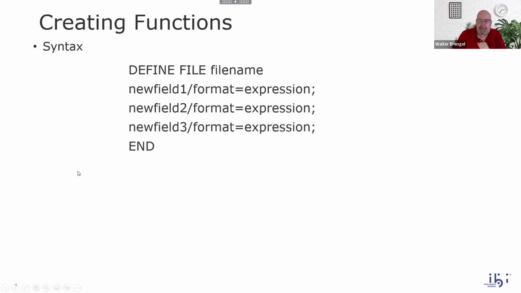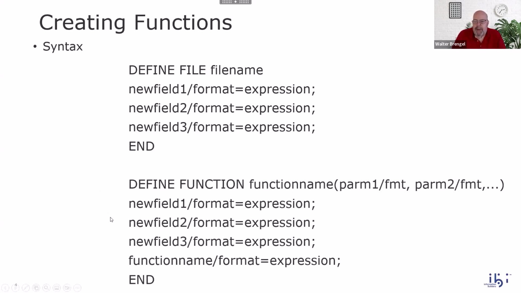So the syntax for define is define file name. You have your new field format equals expression, and then you can have as many expressions as you need to get your final calculation. For define function, it's exactly the same, except instead of define file name, we have define function name.